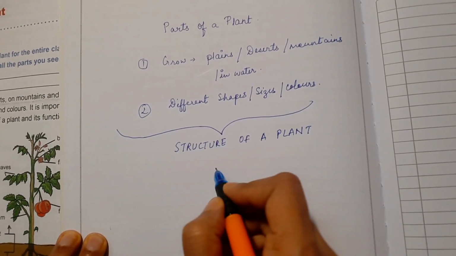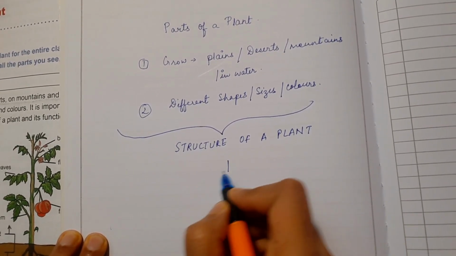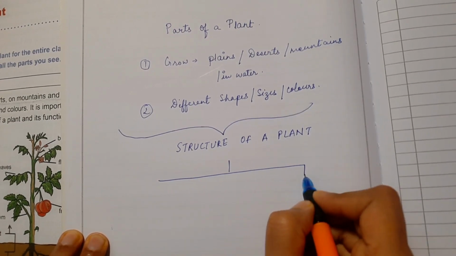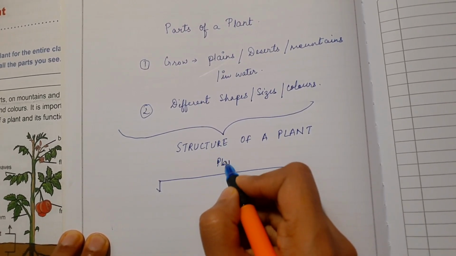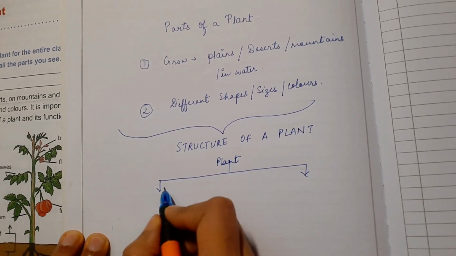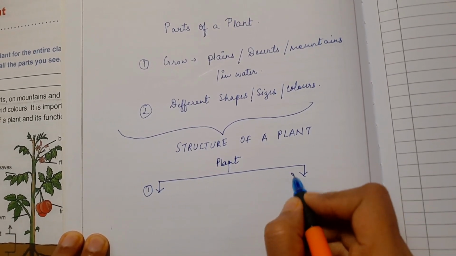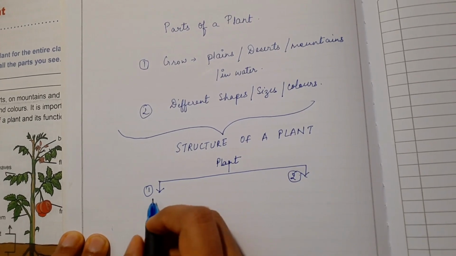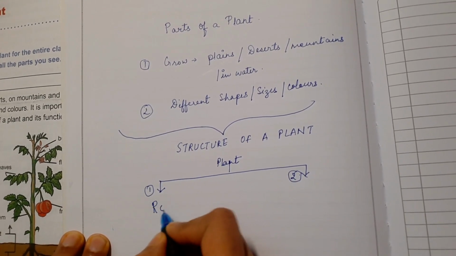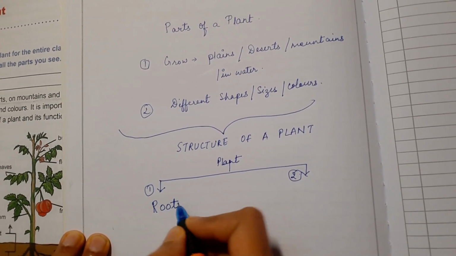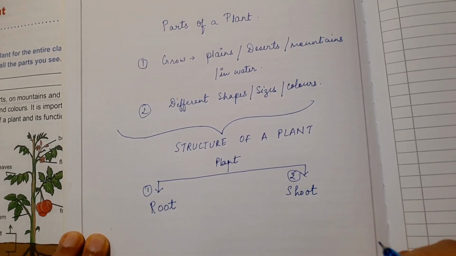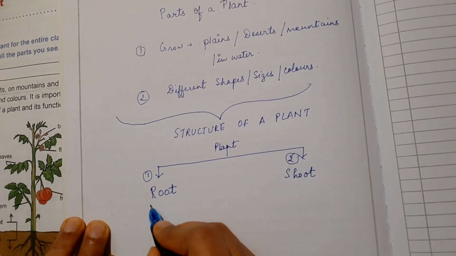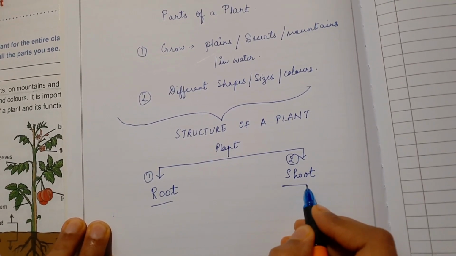So we know that a plant is divided into two parts. First is root, the second one is shoot. Okay, so what is root? What is shoot?